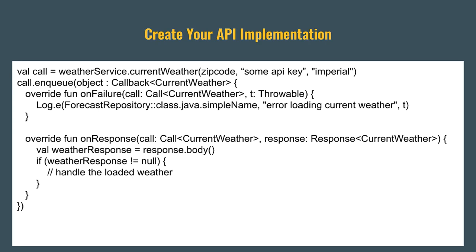We're going to do this work on a background thread, and when we're done, we're going to take this callback, call it on the main thread, and let the caller know that we either have the weather or there was some type of failure. So this type of callback pattern is very common in many types of libraries, and it's a good way to help ensure that we're not blocking the UI or just any other thread in general.